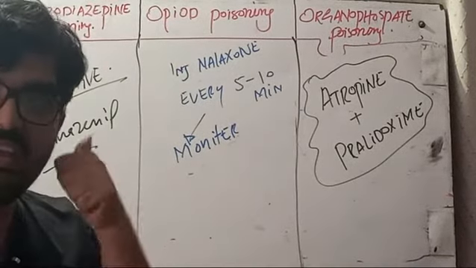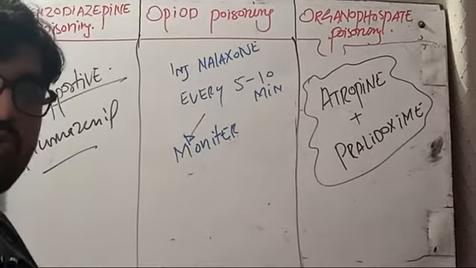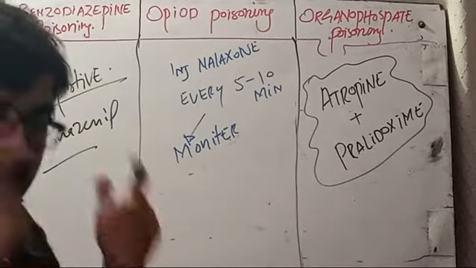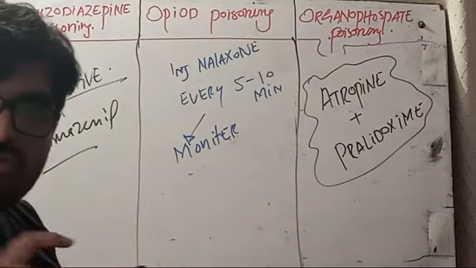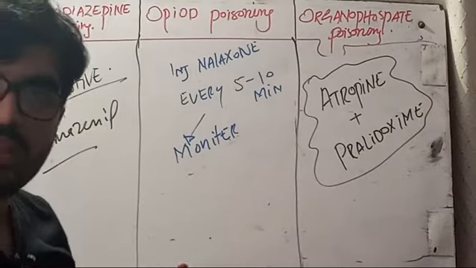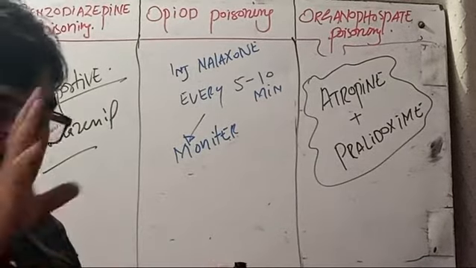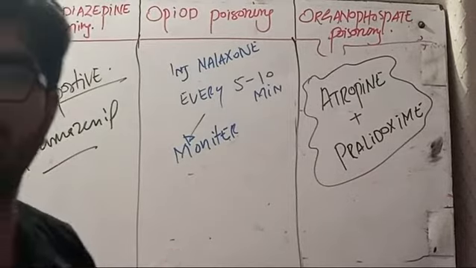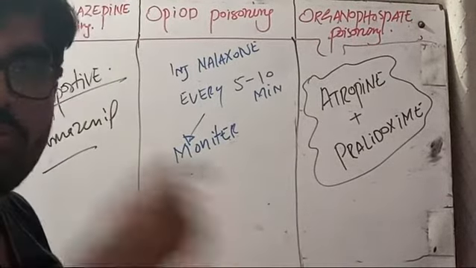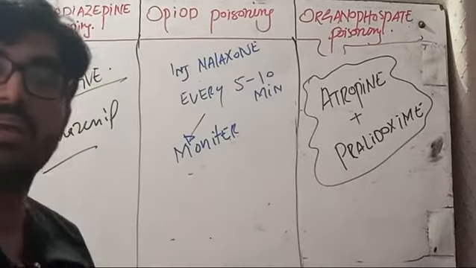If the patient is on benzodiazepine for a very long time and he presents to you with benzodiazepine poisoning, his brain was adapted to the specific concentration of benzodiazepine. Now, when you give flumazenil, it blocks the effects of benzodiazepine and there are withdrawal symptoms and seizures. So the patient presents with seizures.